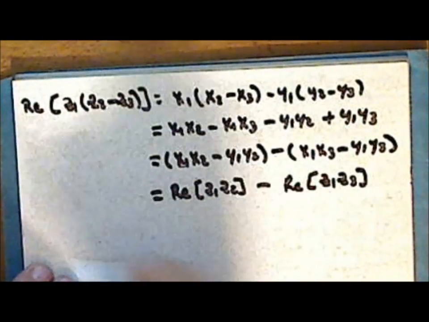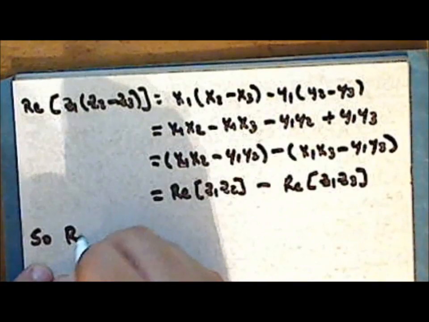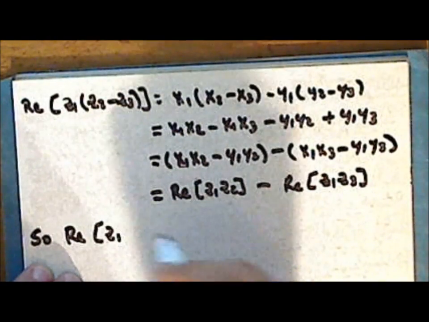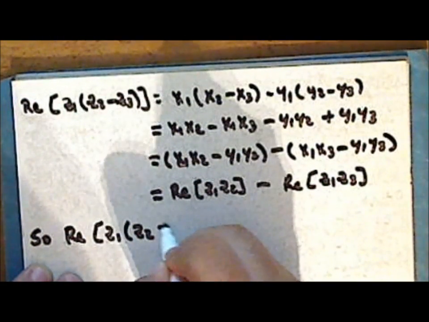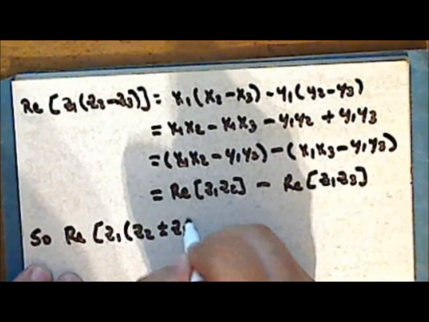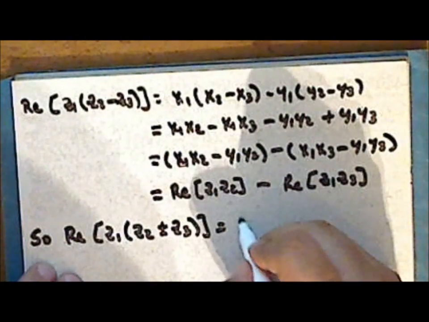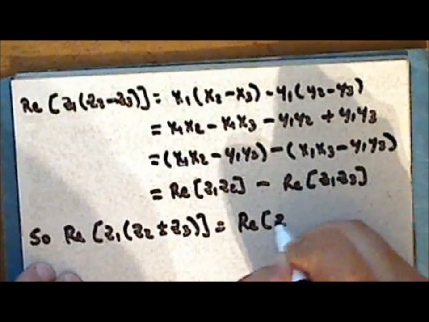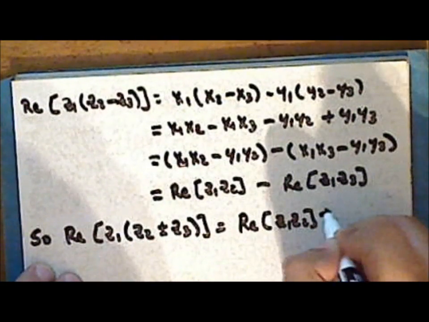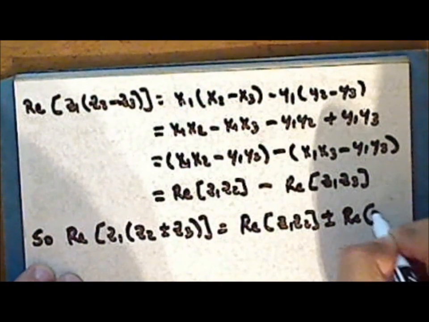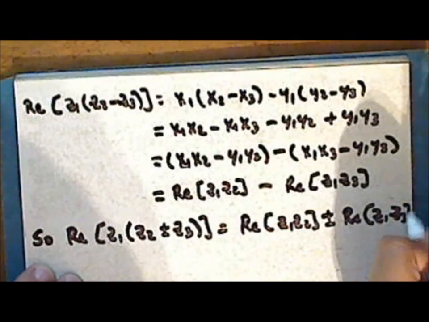And so we have demonstrated that the real part of the product of z1 with the sum or difference of z2 and z3 is the sum or difference of the real part of the product of z1 and z2 with the real part of the product of z1 and z3.